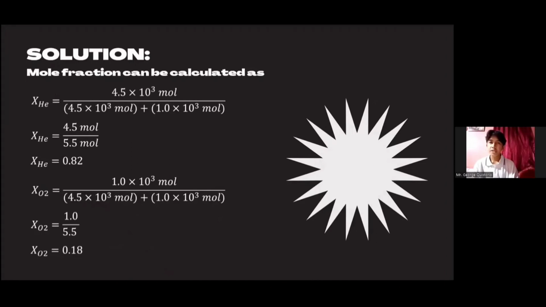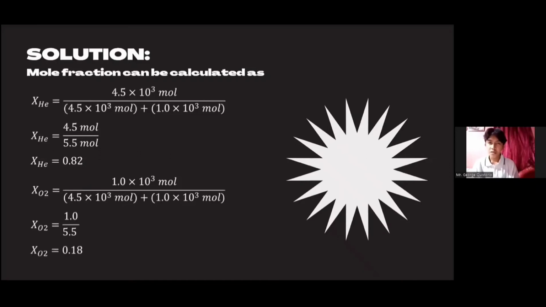Solution. Mole fraction of helium is equal to 4.5 times 10 cubed mole over the quantity of 4.5 times 10 cubed mole plus the quantity of 1 times 10 cubed mole. First, cancel 10 cubed and add 4.5 plus 1. It will become 4.5 mole over 5.5 mole, which is equal to 0.82.